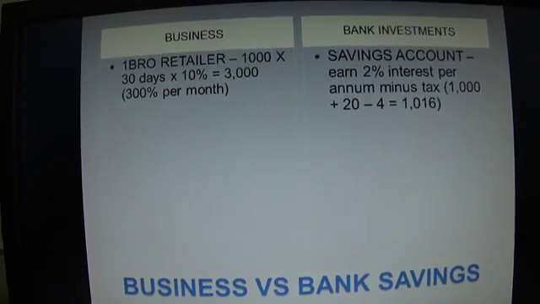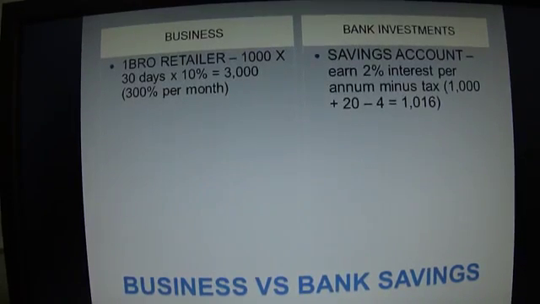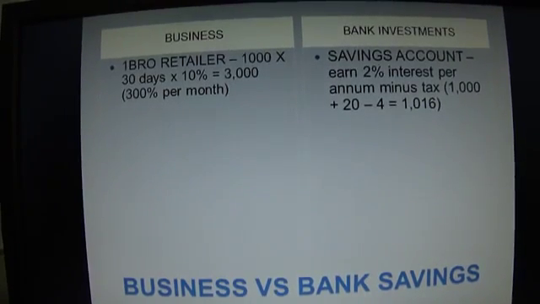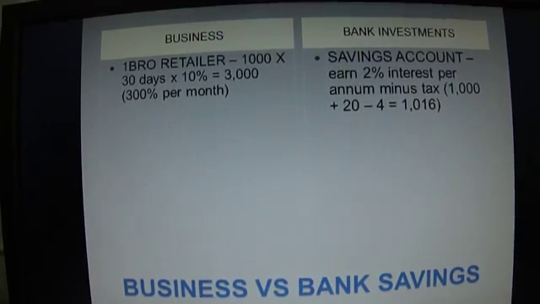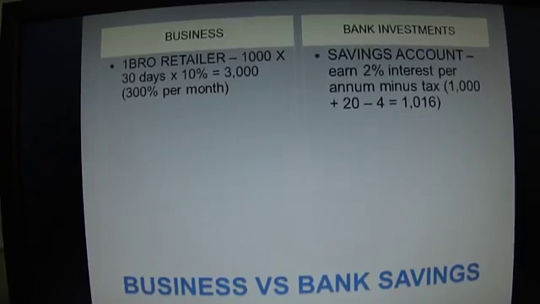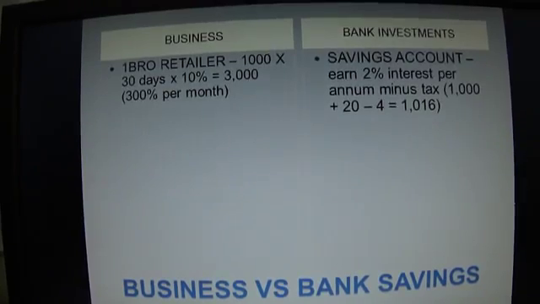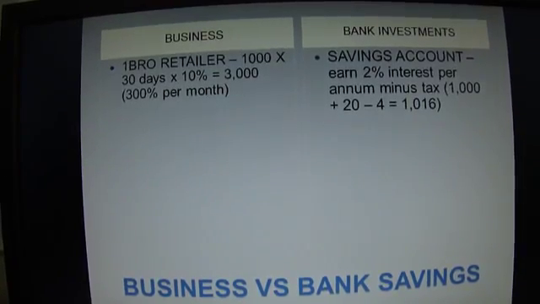If you are able to sell 1,000 worth of cell phone loads a day at 10% commission, you will earn 3,000 pesos a month, which is equivalent to 300% of your 1,000 peso capital. Even if you only sell 500 pesos worth of cell phone load, you still earn 1,500 pesos or 150% earning in a month.